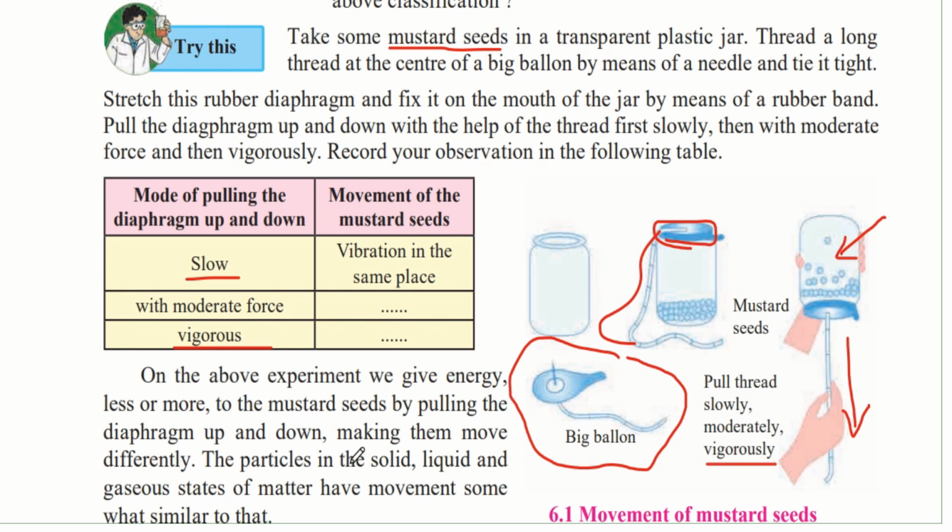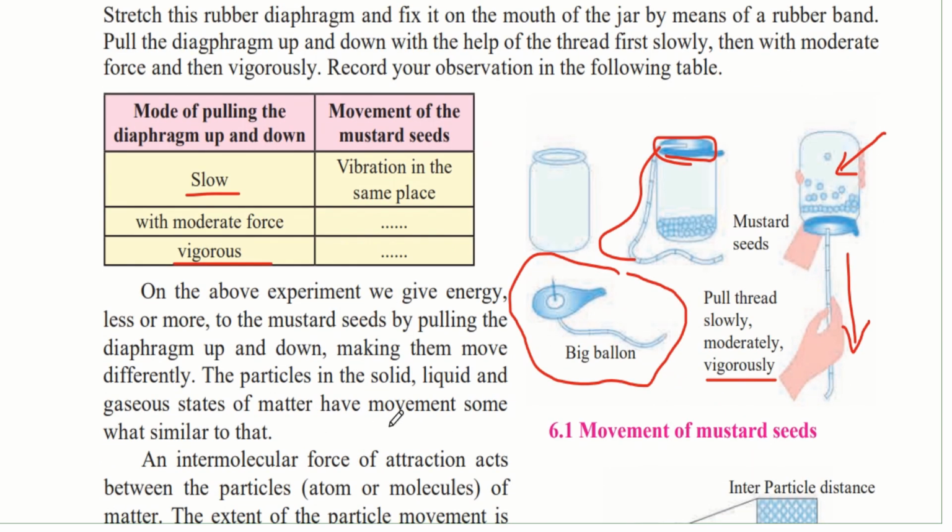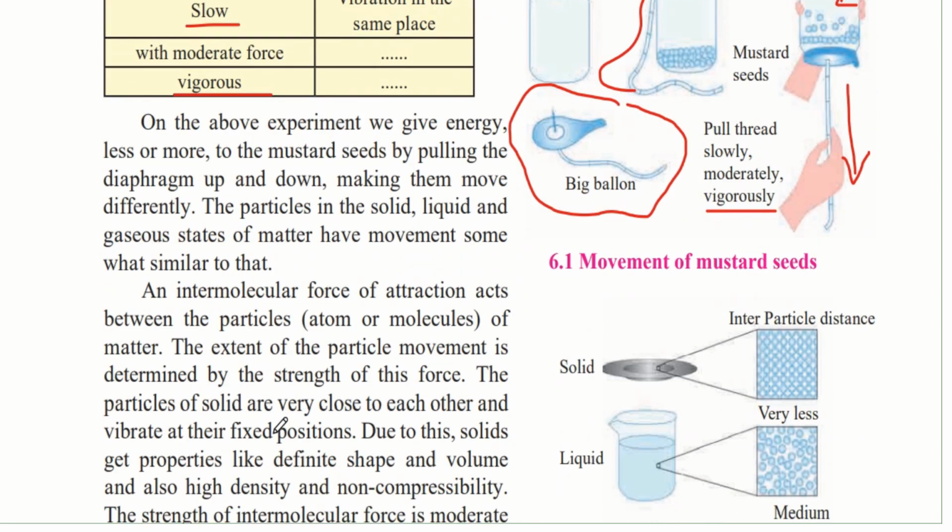The particles in the solid, liquid, and gaseous states of matter have movement somewhat similar to this. So, whether they are in solids, liquids, or gases, the particles present in these states can also move, and this movement depends on the state they are in.